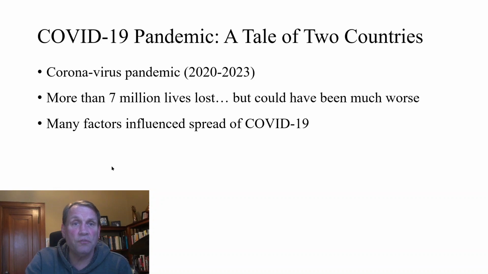Now, the research shows that there are a great many factors that influence the spread of COVID-19, including government prevention and control policies, socioeconomic differences, population mobility and concentration differences, a range of other environmental conditions, and still other factors as well.